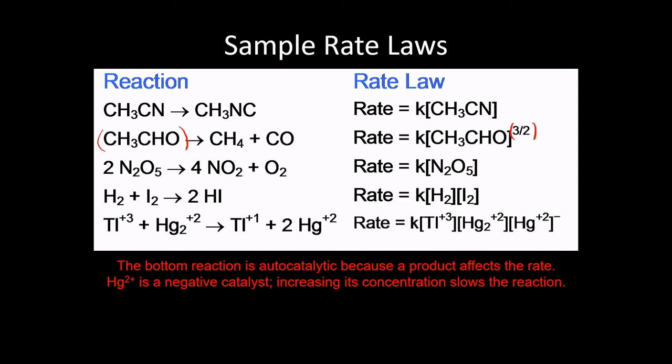But for now, recognize that even though in the first one here we were just able to take the balanced chemical equation and plug the reactants into the rate law and it worked out, for most of these that's not the case. For the next one here, we have N2O5. If we were just plugging the reactants into the rate law, we would expect to have a 2 as the exponent here, but we don't.